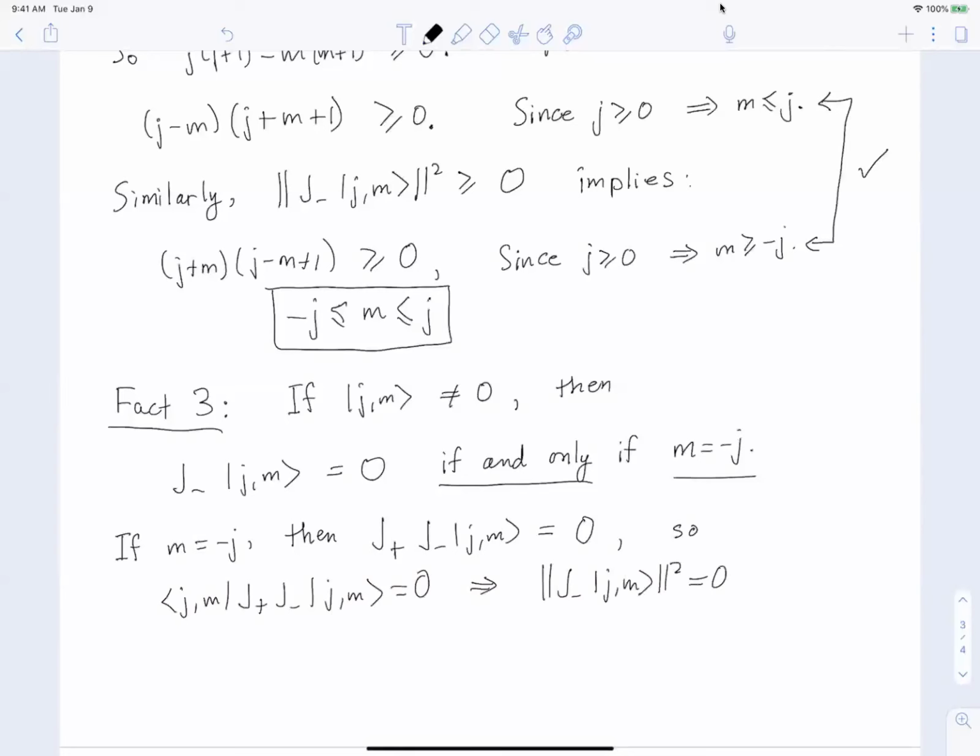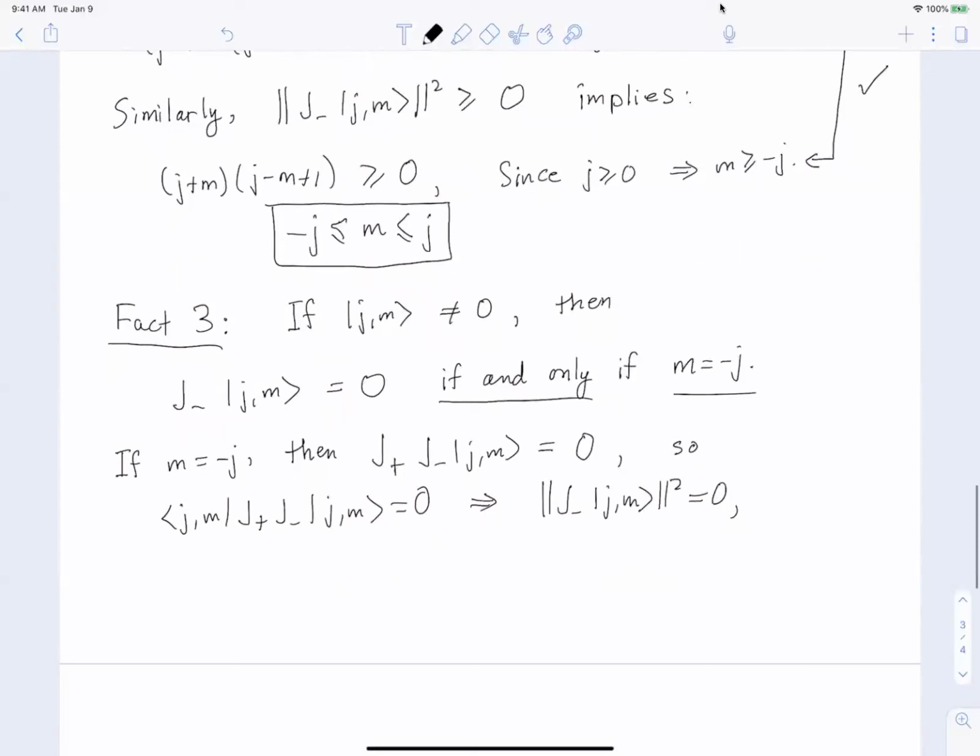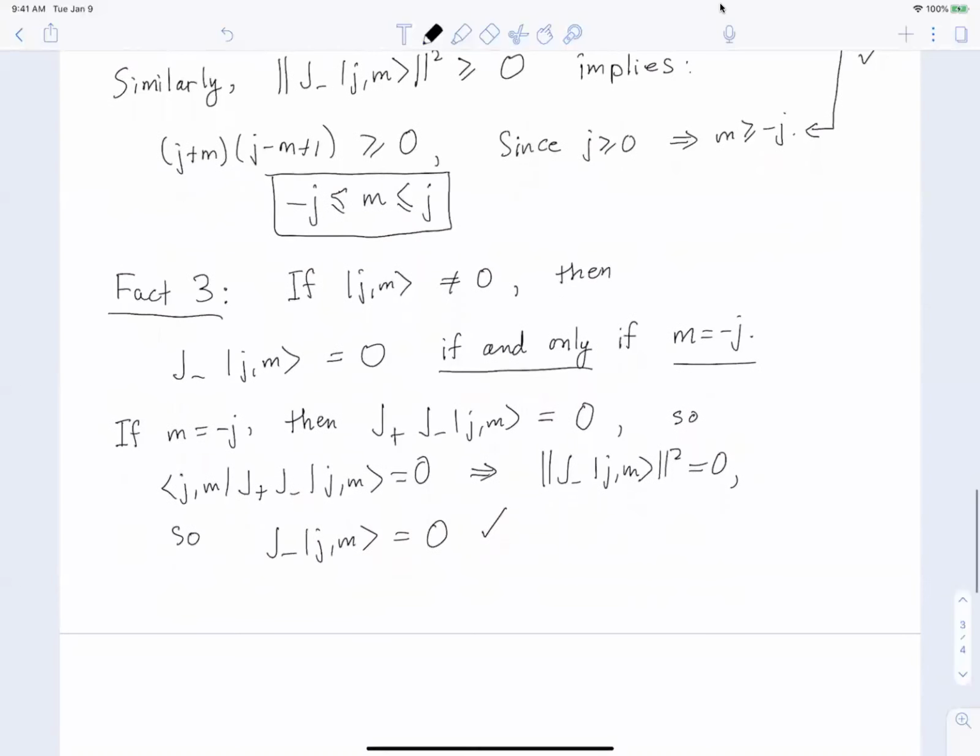And the only way the norm of a ket can be 0 is if it's the null ket. Remember, that was one of our basic postulates of a Hilbert space. And so that implies that j minus acting on jm was actually the null ket. Okay, so that's the if part of the proof, and now we need the only if part of the proof.